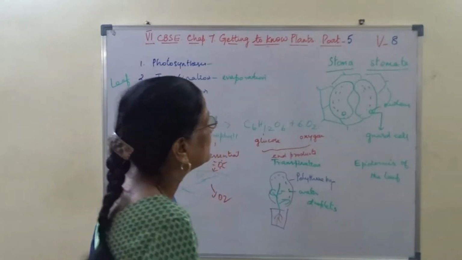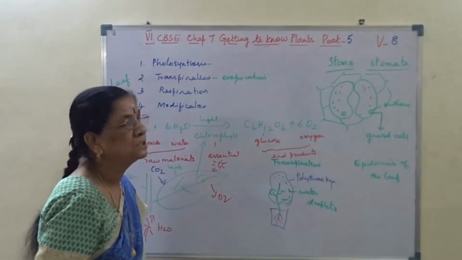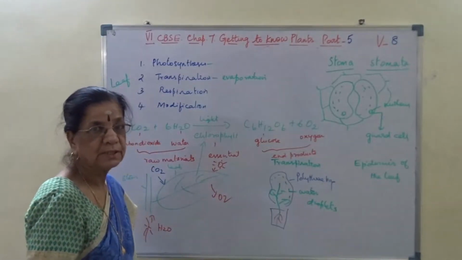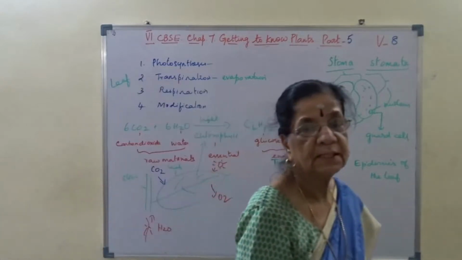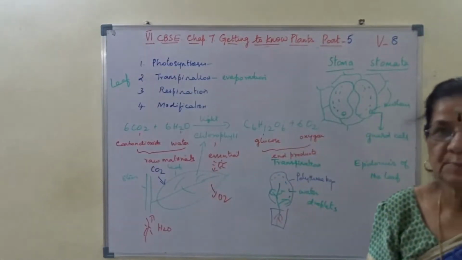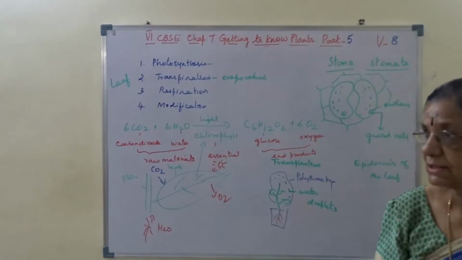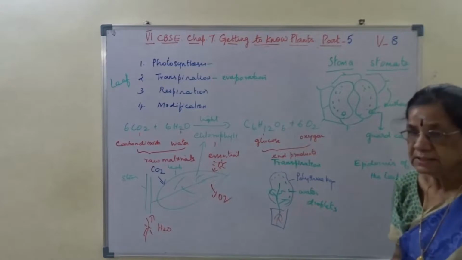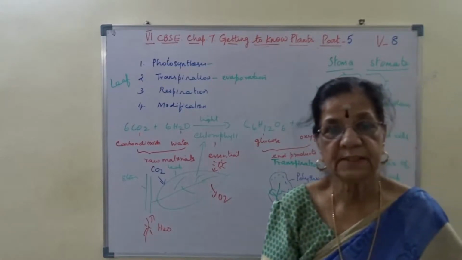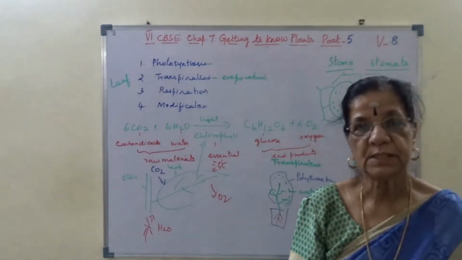Okay, so this is forming the structure of stoma, singular, stomata, plural. What is the structure we say? It is having a pair of bean-shaped cells called guard cells surrounded by epidermal cells. And this guard cell in turn has nucleus and cytoplasm.